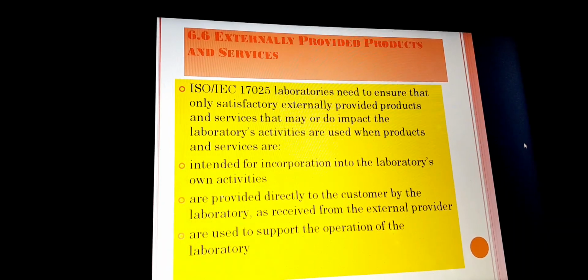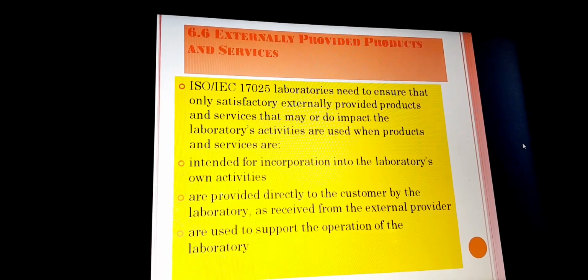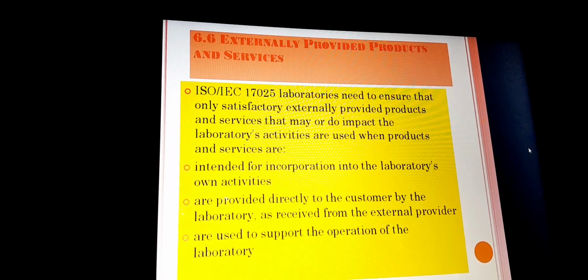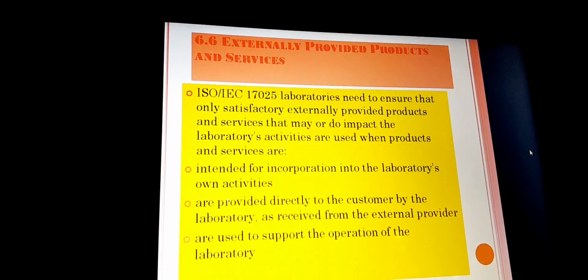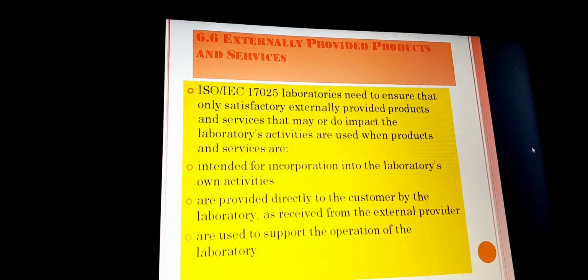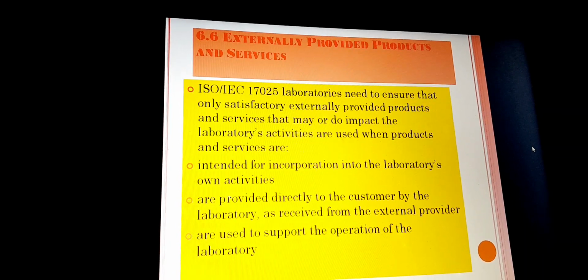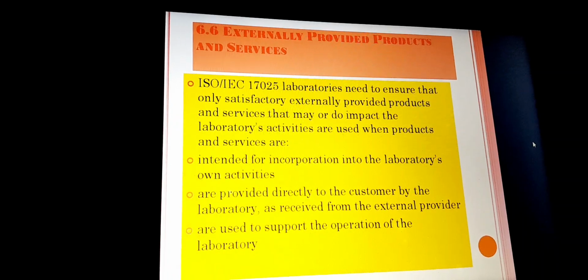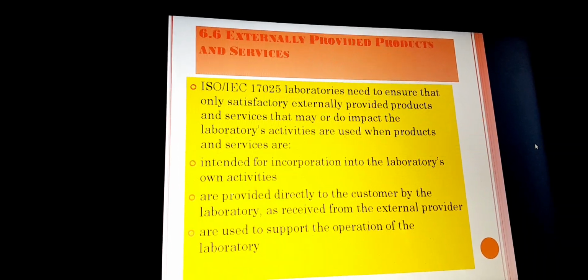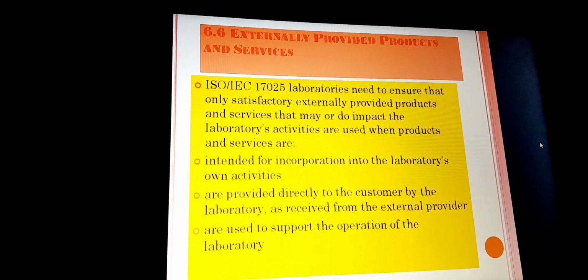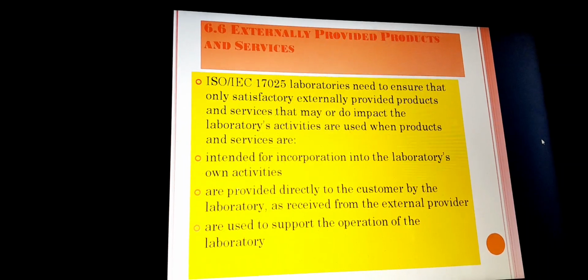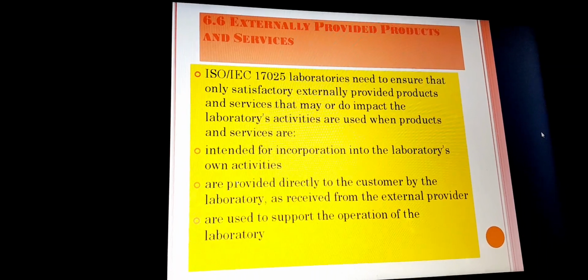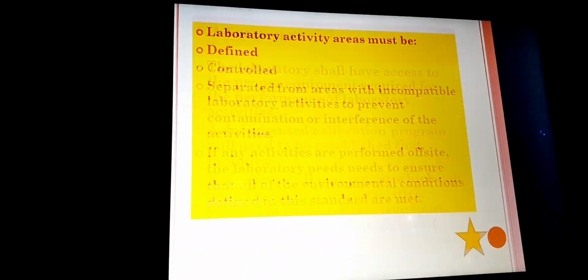In ISO 17025:2017, the laboratory needs to ensure that only suitable externally provided products and services that may or do impact the laboratory activity are used when products and services are intended for incorporation into the laboratory's own activity, are provided directly to the customer by the laboratory, or are received from an external provider and used to support the operation of the laboratory.